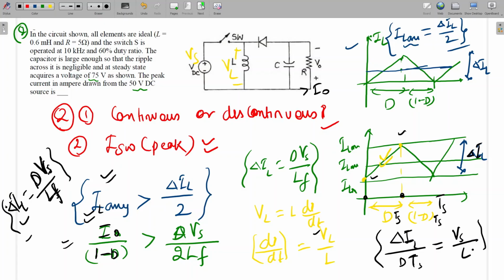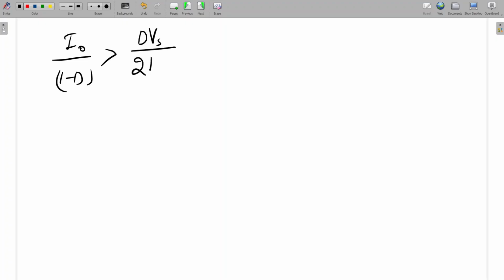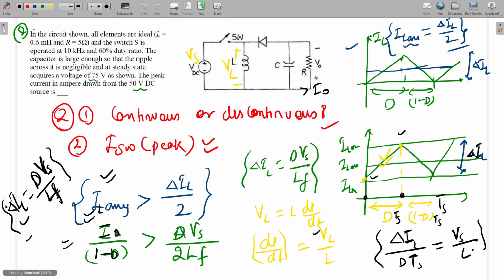Further, we can write this equation as I naught divided by 1 minus D greater than dVs upon 2LF.